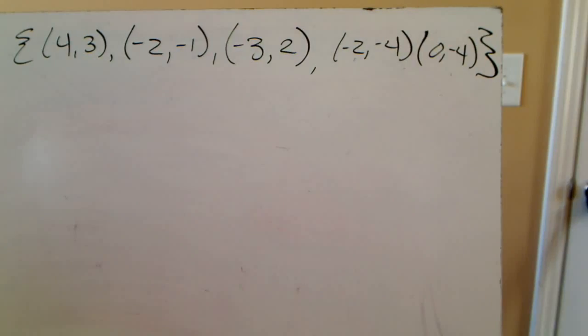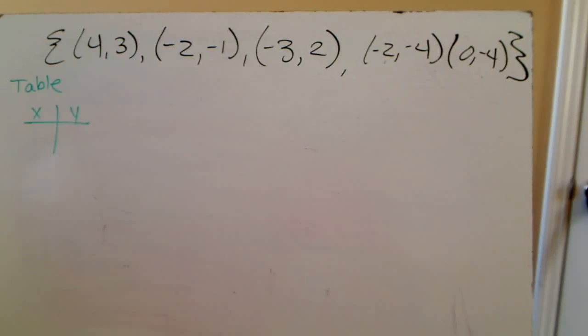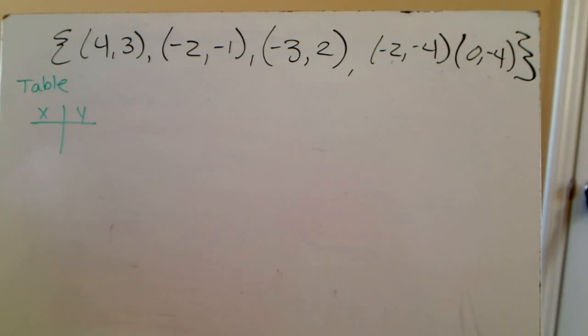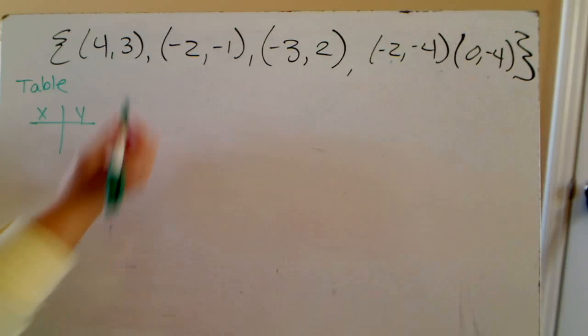Okay. So the easiest way to do this is we'll start with the table, because obviously we already have the ordered pairs. Whenever you put the ordered pairs in a table, you need to make sure that the order of the X values is from least to greatest.